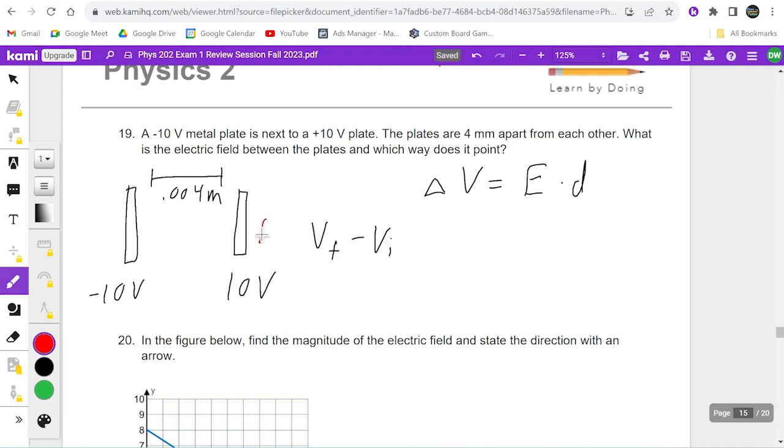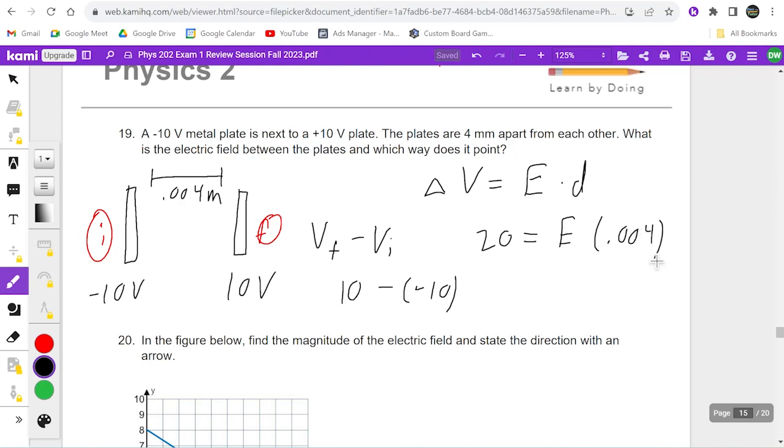If we define this one as the final and the left one as the initial, it really doesn't matter which one you call initial and final, but either way, if you say final is 10 minus negative 10, you actually get delta V is 20. 10 plus 10, 20. That equals the electric field, which we're solving for, times the distance, 0.004.